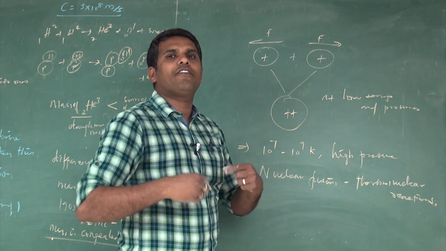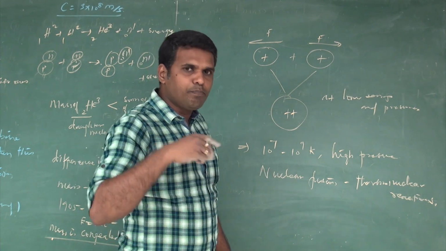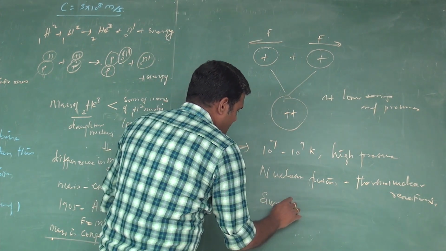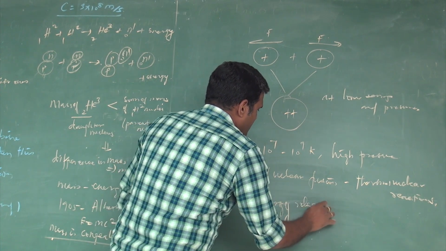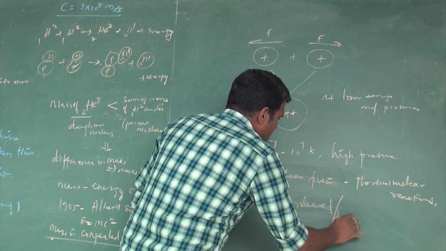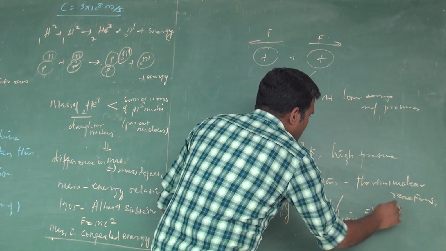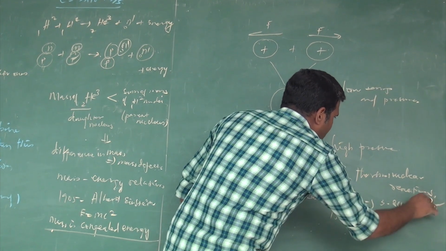And what is the amount of energy released during each fusion reaction? The energy released per fusion is 3.84 into 10 power minus 12 joule.